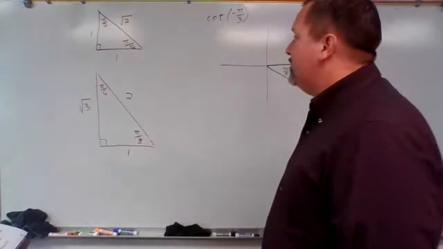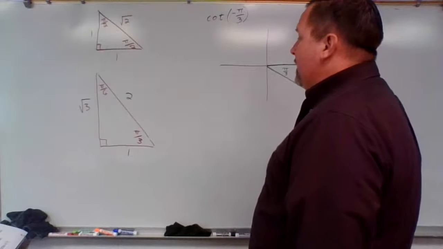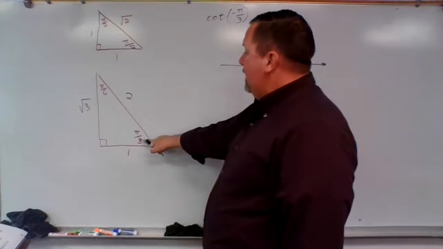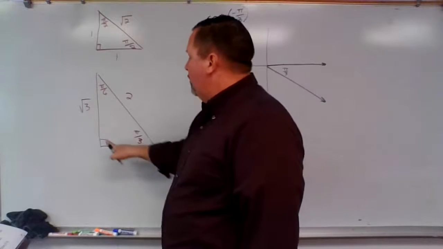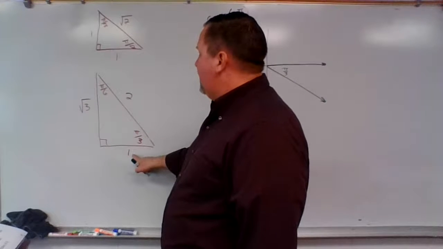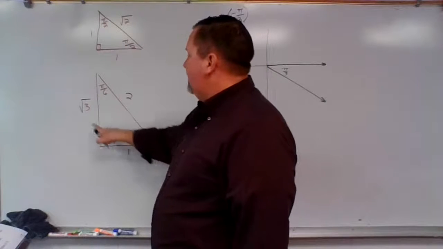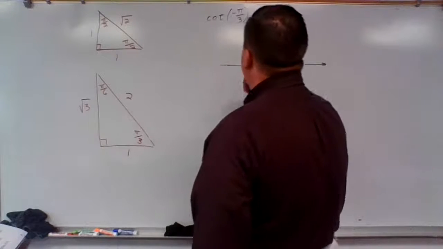Well, again, let's go to our special triangles. Pi over 3. Tangent is opposite over adjacent. Cotangent will be adjacent over opposite.